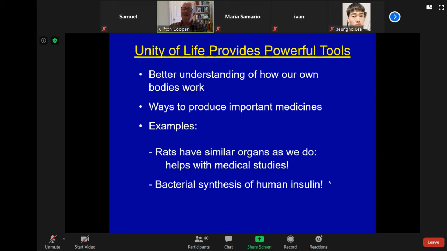We have engineered them now to have the human gene for making human insulin, and those bacteria read that gene the same way that our cells read it, and the bacteria make the same insulin. That's because, again, of this unity of life, shared underlying similarities of life forms.